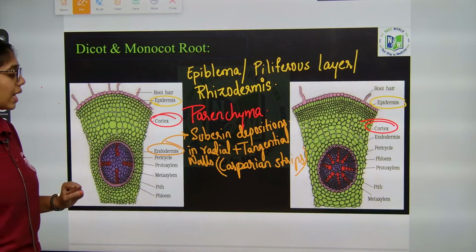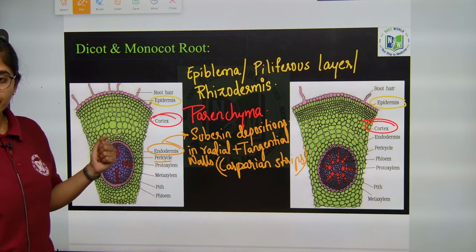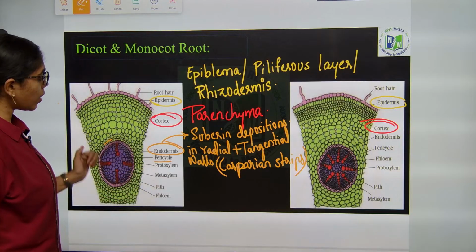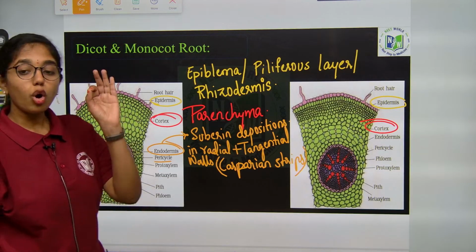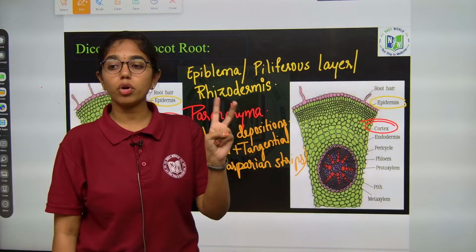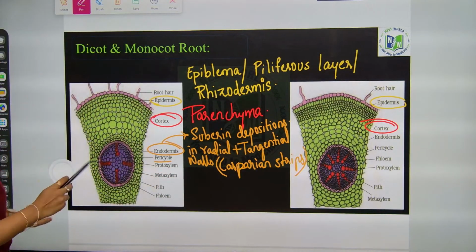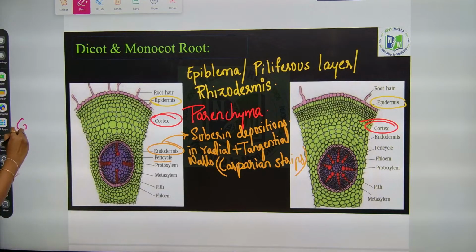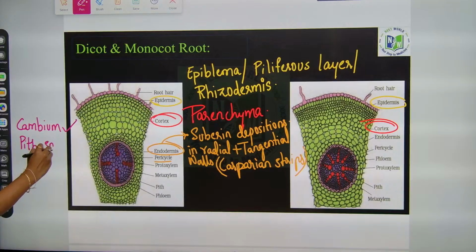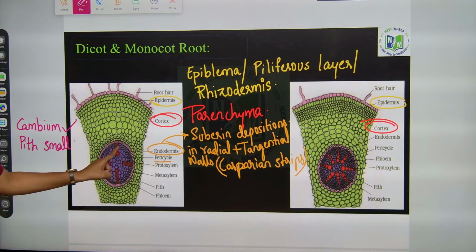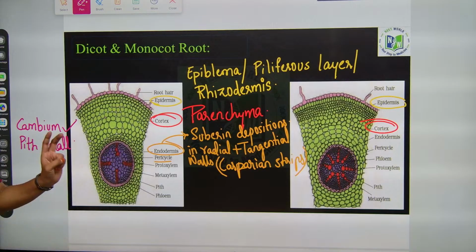And next in the stellar region, if you see, pericycle is again parenchymatous. Next you have vascular bundles. So the only difference between dicot and monocot root is there is no cambium in monocot root. Here in dicot root, cambium is present, and pith is small or inconspicuous, and you can see number of xylem and phloem bundles are 2 to 6.